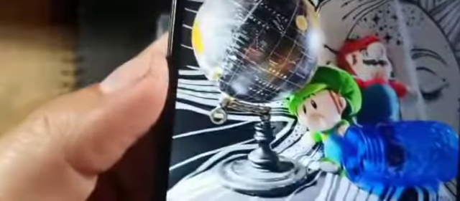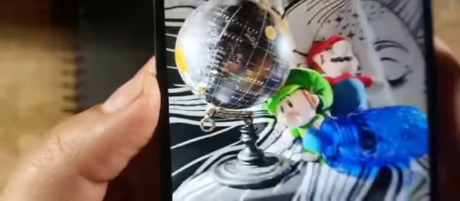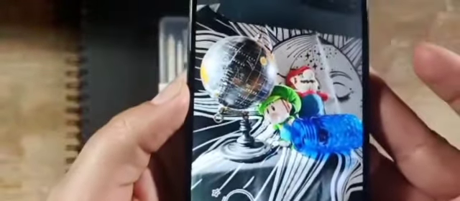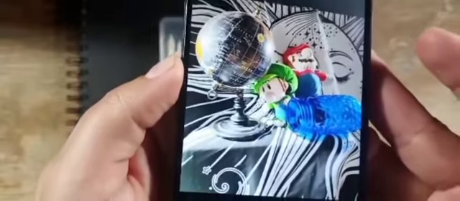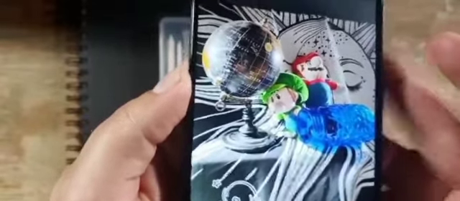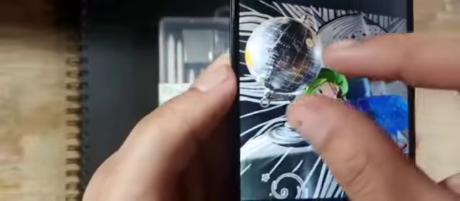Then I like emphasis. For example, this one right here, there's a really big emphasis on baby Luigi's eyes. Yes? I feel like there's a lot of interesting spherical movements and shapes all around him, but your eye is always drawn to his eyes right here.